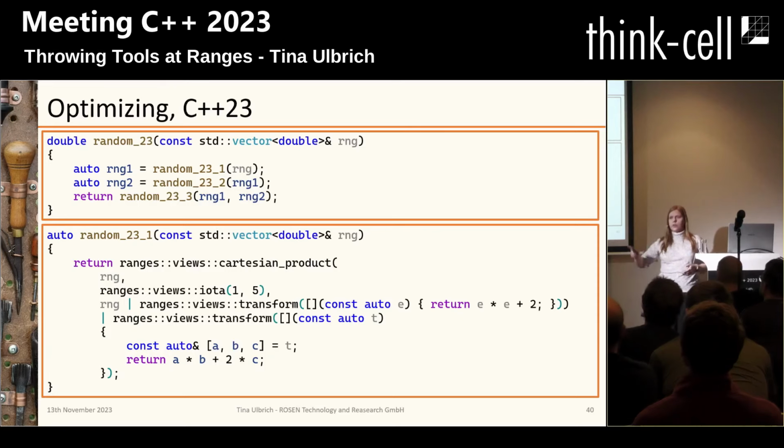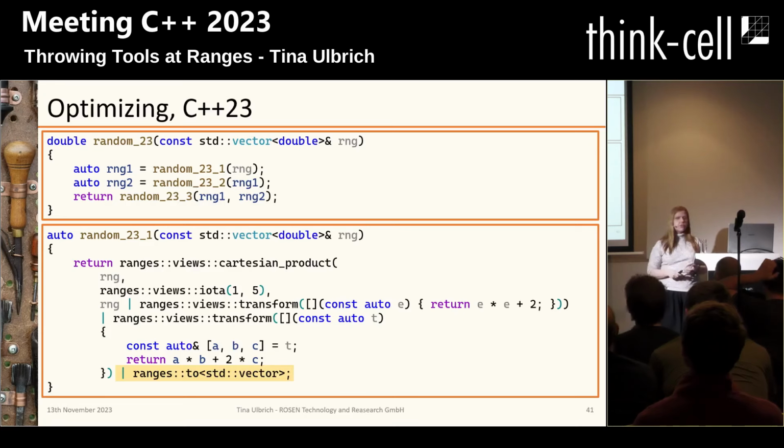I need to force this code to be executed and stored somewhere. I needed this to be executed only once. So I use my favorite feature, which is range 2, and I store the output in a vector. Note that I don't have to change anything else in this function or any other functions because of the way I wrote this code.